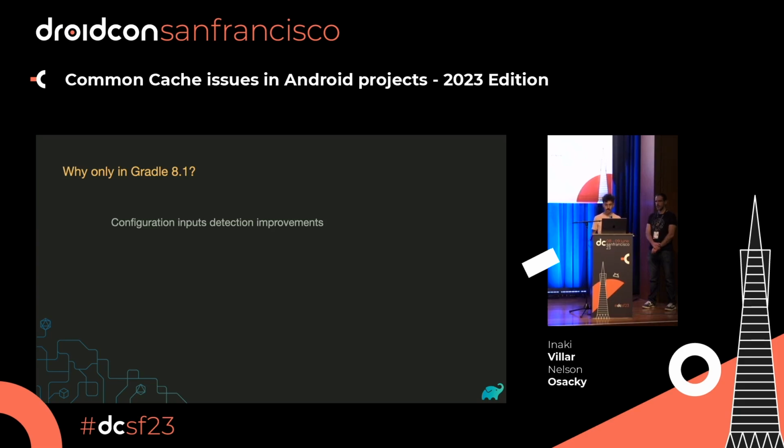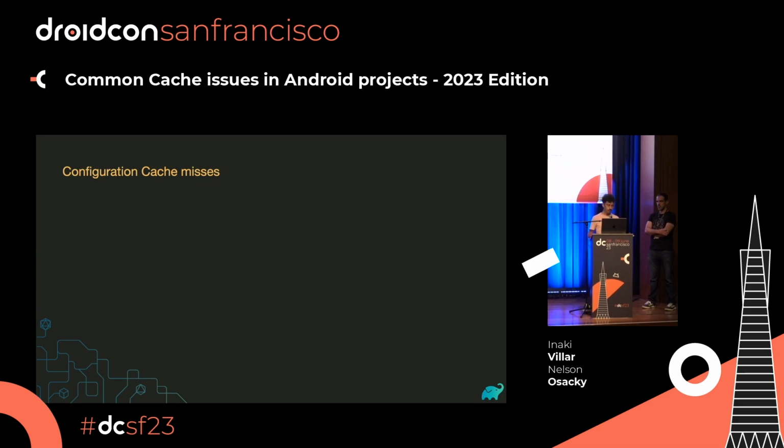And if you look at the release notes, because I know everyone here reads every single line of all the release notes, it says, we now detect file collections being queried at configuration time. Here's a link to the release notes in case you want to read up on it later. So what was happening before was we were actually reading this file at configuration time, but Gradle wasn't detecting it as a difference to the configuration cache key.